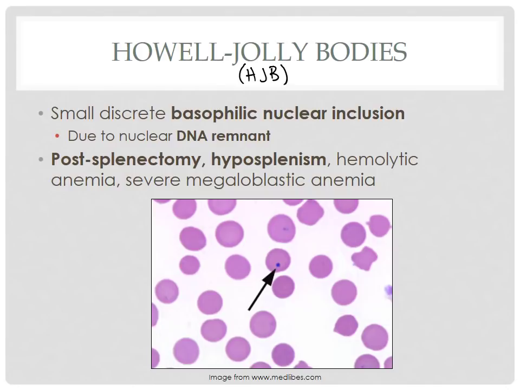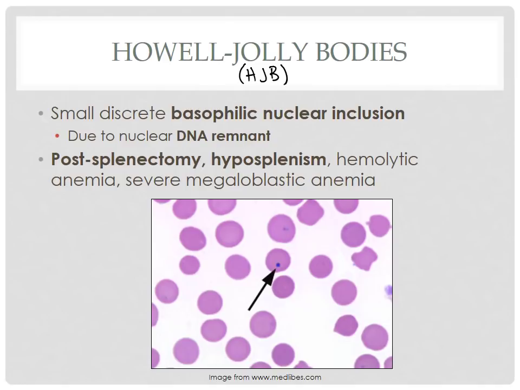What happens with the Howell-Jolly bodies is normally they're produced in the red cells, but the spleen is really great at finding these abnormal cells and removing them fairly quickly. If you don't have the spleen or you have an underactive spleen, that obviously explains why they're not getting removed. But in the cases of hemolytic anemia or megaloblastic anemias, if they're very severe, there's a left shift in the red blood cells.